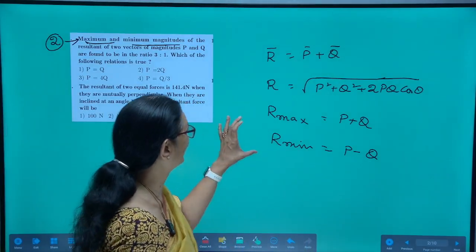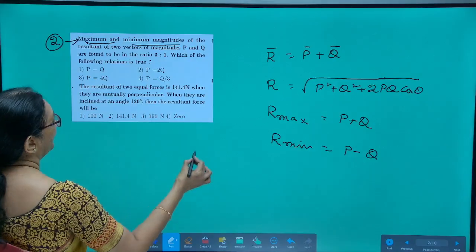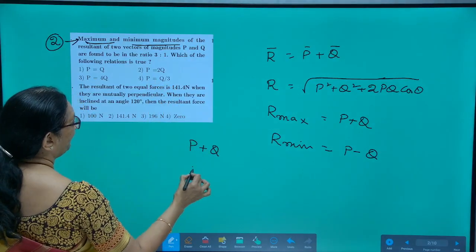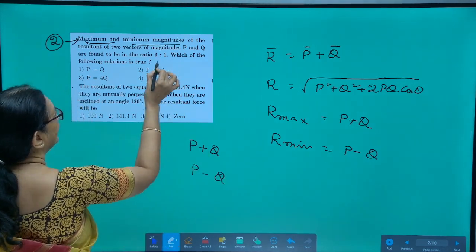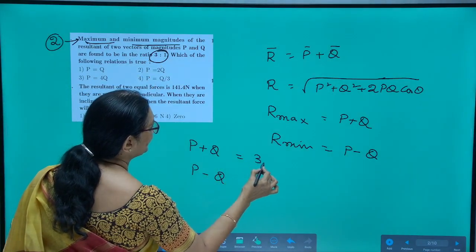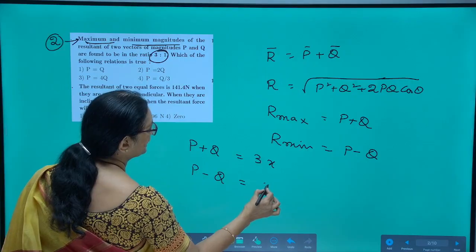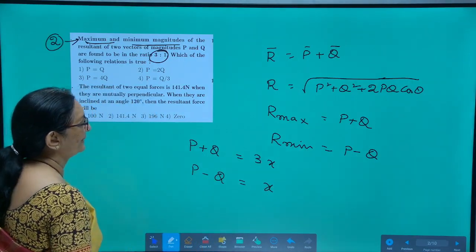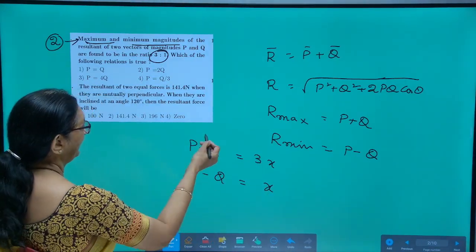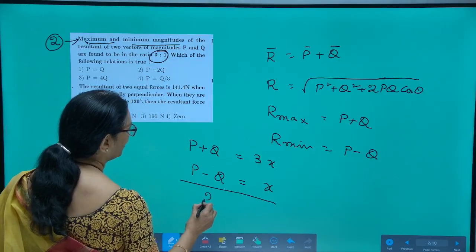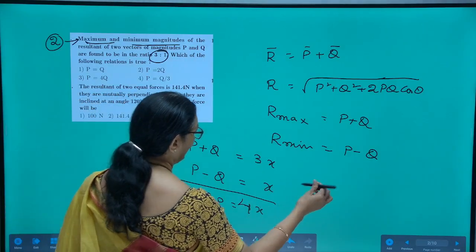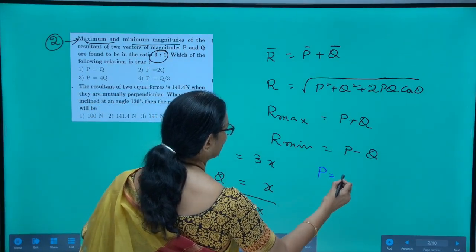So directly we can go to this. In this problem, P plus Q and P minus Q are in the ratio 3:1. Suppose we take P plus Q as 3x, then P minus Q becomes x. If you just add these, 2P is equal to 4x, from which P is equal to 2x.